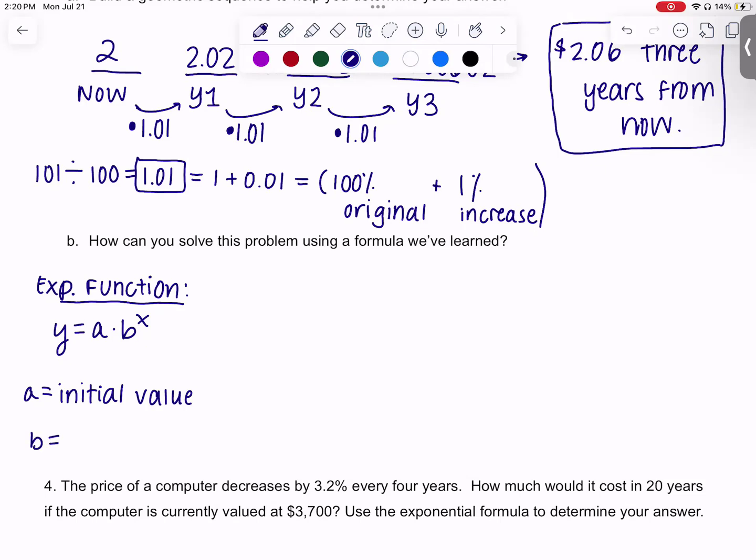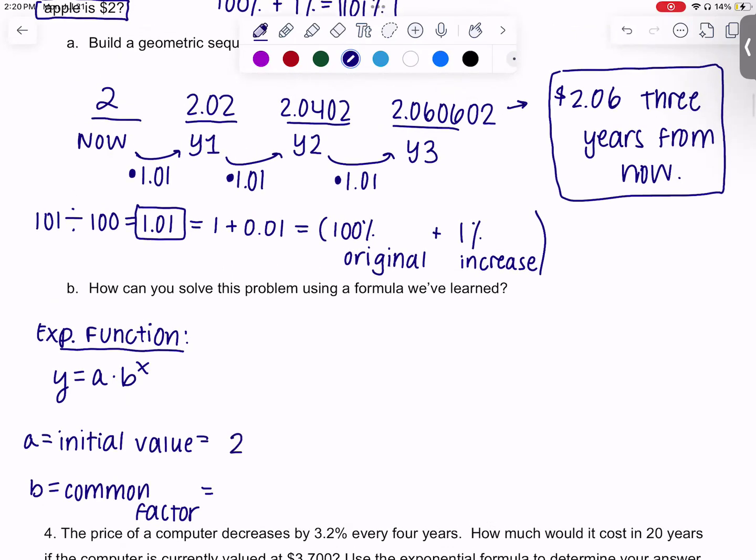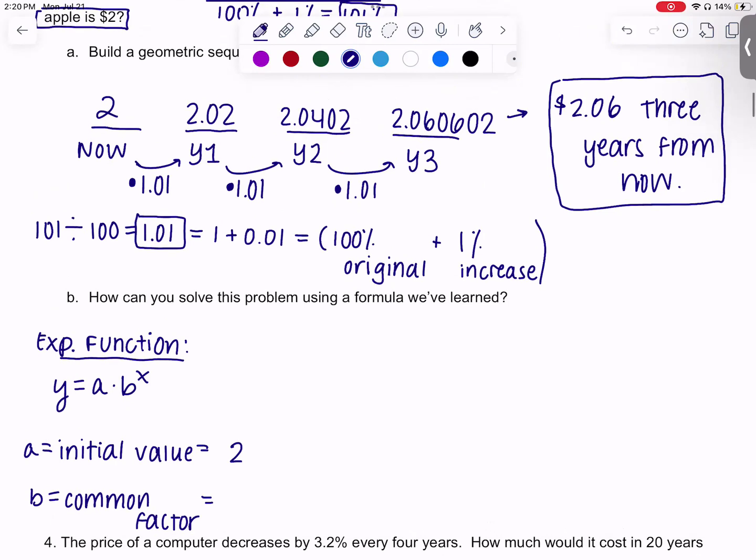And b is the common factor. The initial value here for the apple was $2. It costs $2 right now. The common factor in our sequence is what we were multiplying by over and over again. And every year we're multiplying by 1.01.